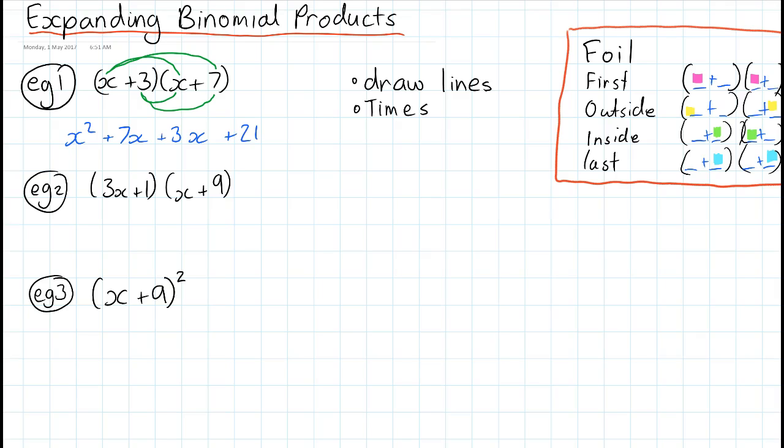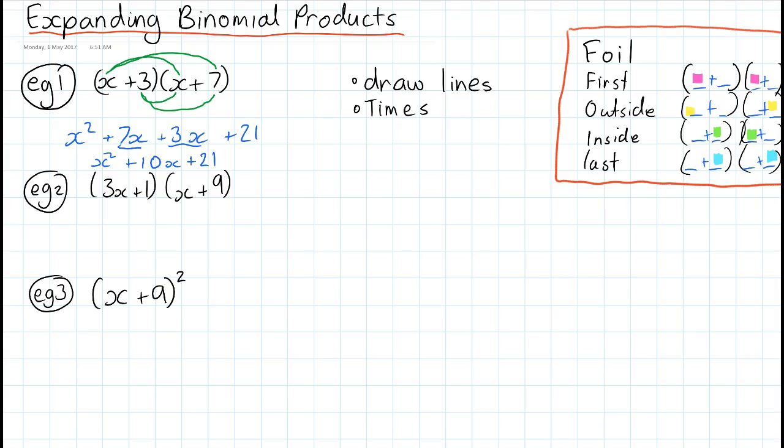Now hopefully you'll see that I've got 7x and 3x in the middle, so I can simplify it by going x squared, because that doesn't go with anything, and then 10x, the 7x and the 3x, plus 21. Okay, and that's my final answer. All of this stuff, the x plus 3 in brackets, 7 plus x in brackets, times together gives me x squared plus 10x plus 21.